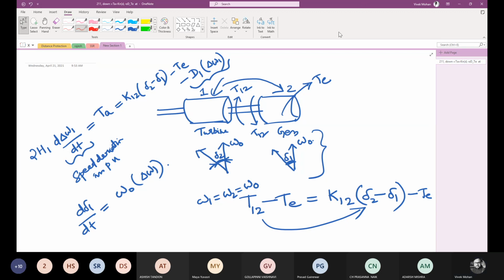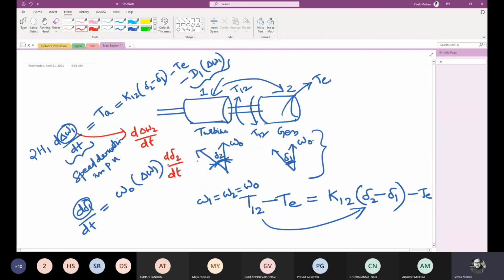Now similarly we can write equations of motion for d delta omega 2 by dt and d del 2 by dt. Here we have written d delta omega 1 by dt and d del 1 by dt. Similarly, we can write equations for d delta omega 2 by dt and d del 2 by dt.